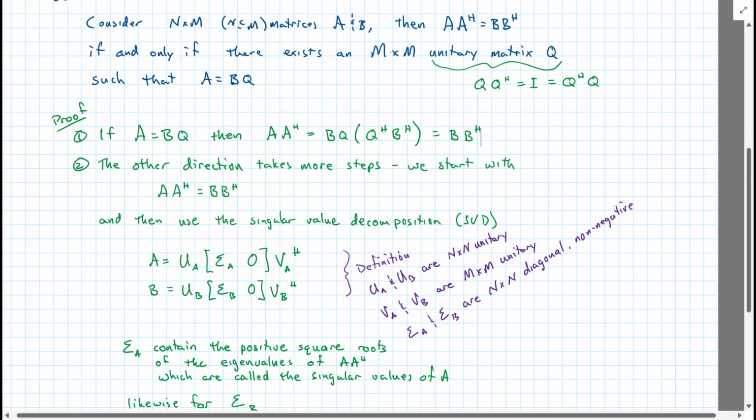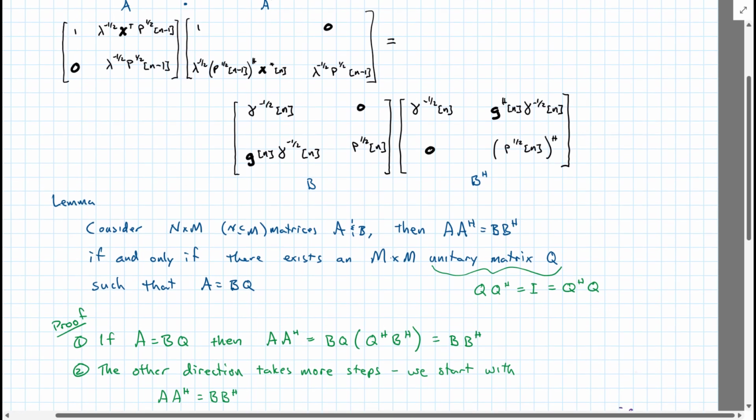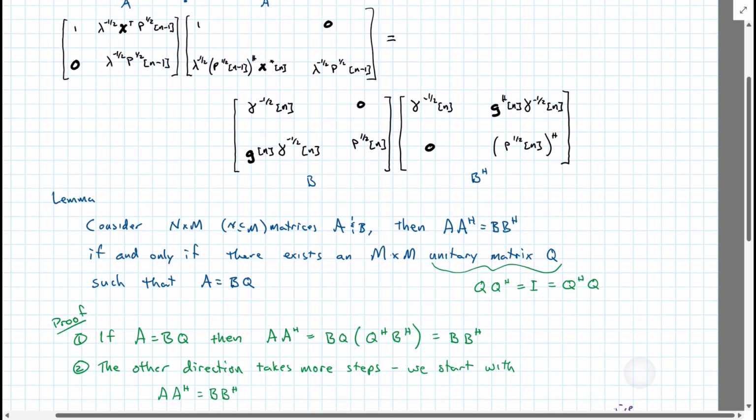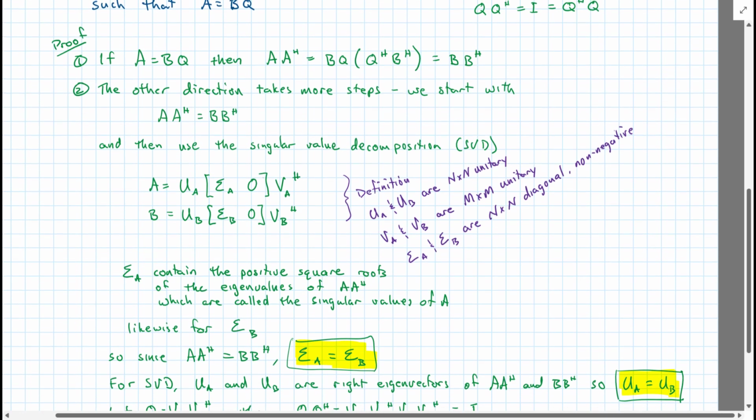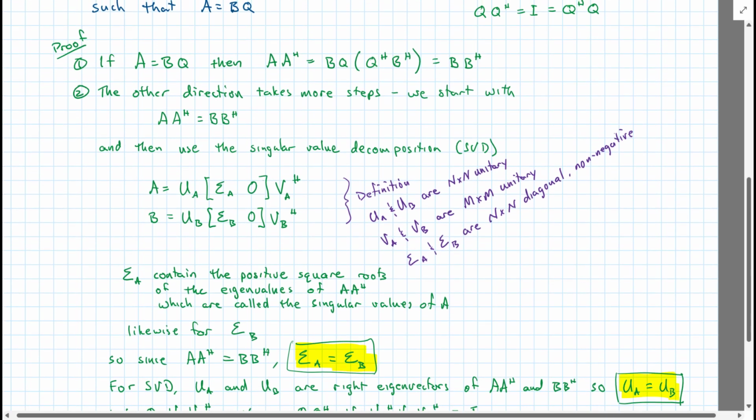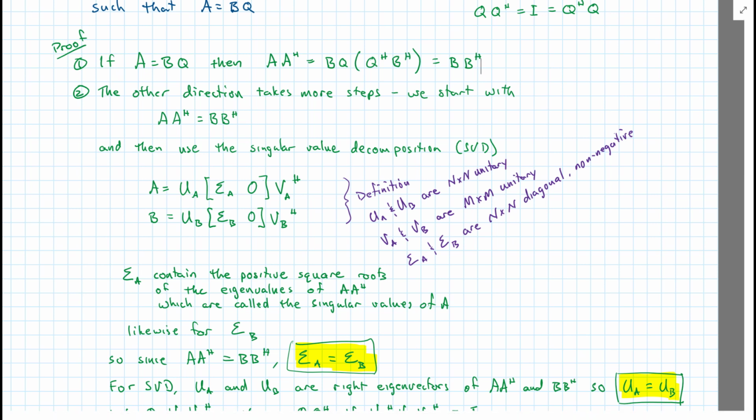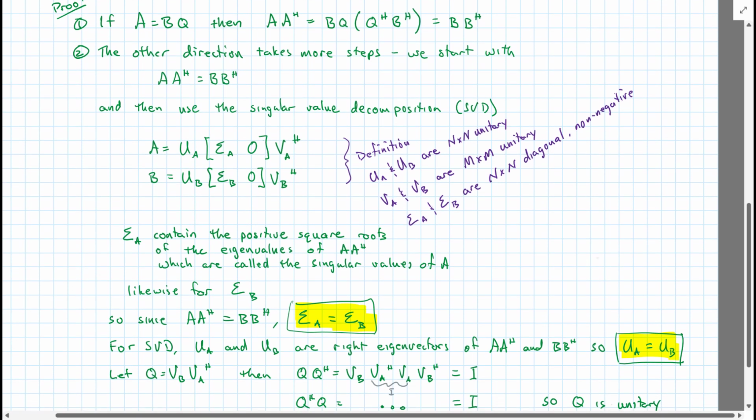Then we went through this long proof, and you can see where this is going. We would really like to express A in terms of B directly. And the first thing we did was we proved that if A is equal to BQ, where Q is a unitary matrix, then we have equality with AA^H equal to BB^H.